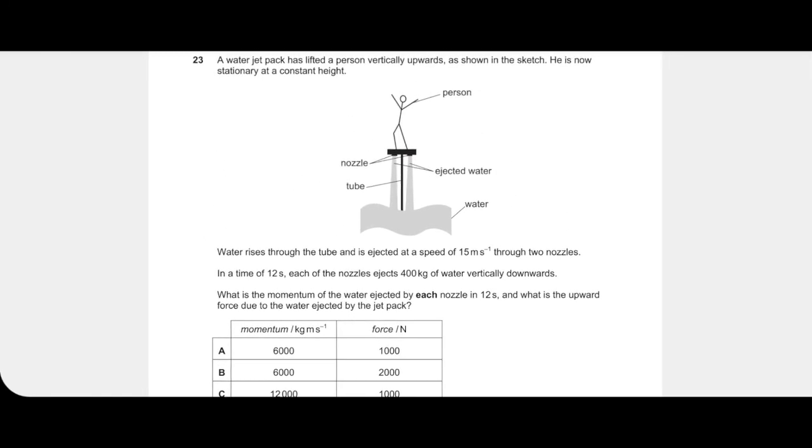So immediately you should be thinking about how to calculate momentum, and momentum is calculated by mass times velocity. So mass times velocity is equal to momentum. I'm just going to scribble that over. Now, I'm going to calculate the momentum of the water being ejected from each nozzle. So they say 400 kg times by 15.